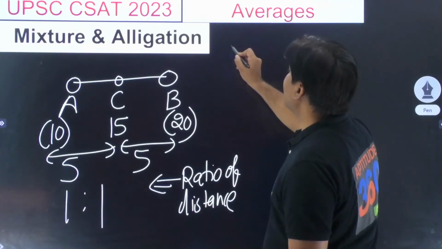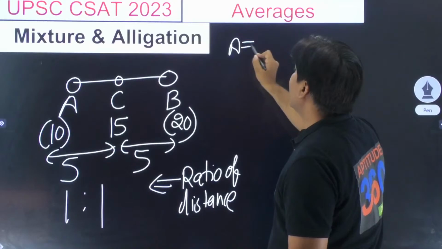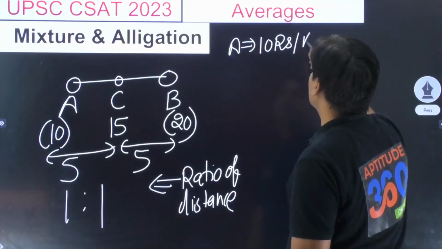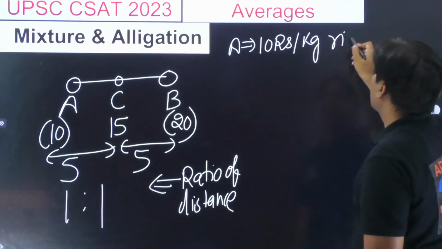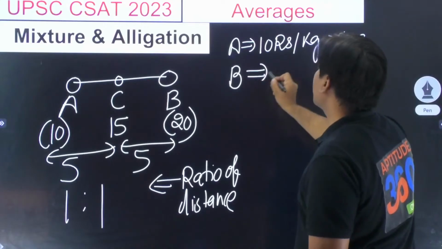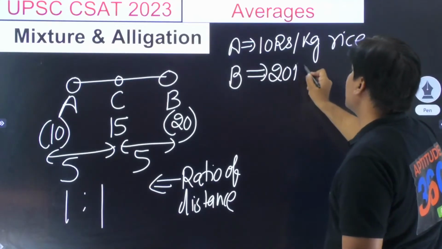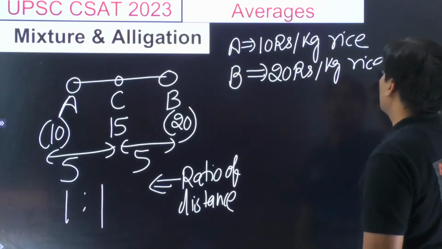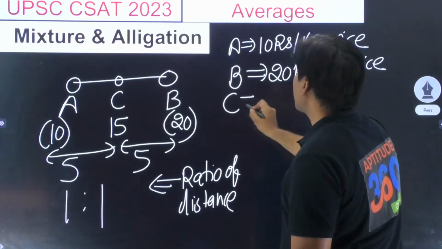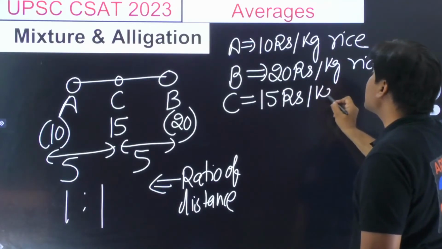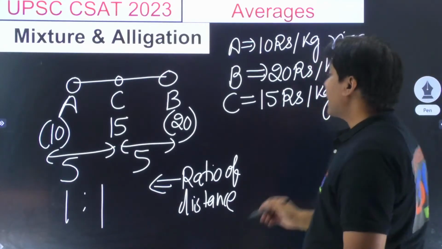Now, another very important point. What if I say that I have got 10 rupees per kilogram rice, and then I have got another variety of rice which is 20 rupees per kilogram. Do you understand this? Now what do I want? I want to make a third variety which is 15 rupees per kilogram rice.